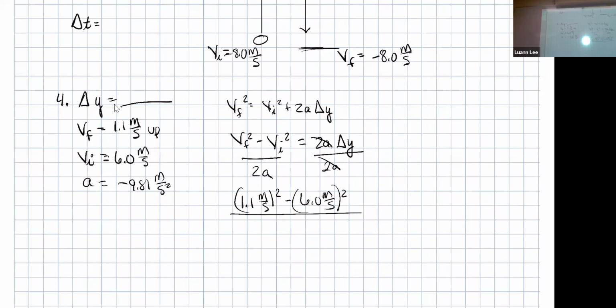And then we're going to put it into times negative 0.81 meters per second squared. And when you're all done with that, you should get something in the neighborhood of 1.77. Better? Okay, good.